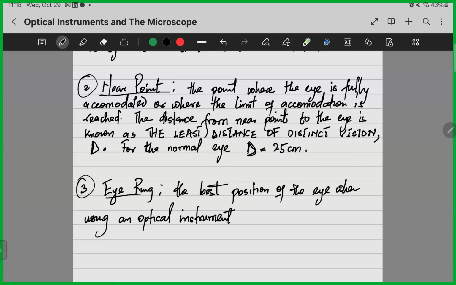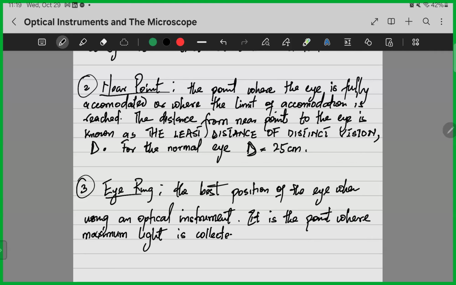So you can also call it the point where maximum light is collected by the eye.